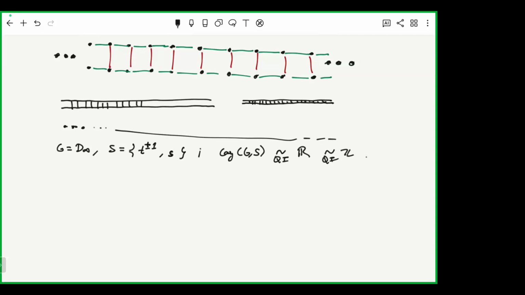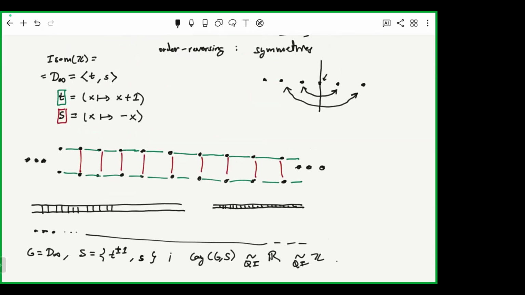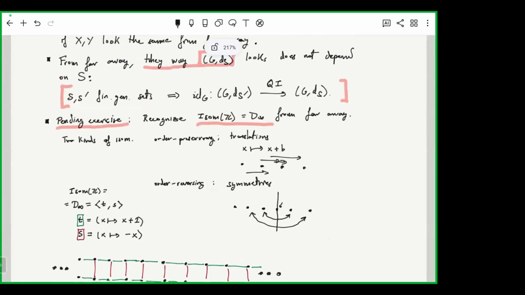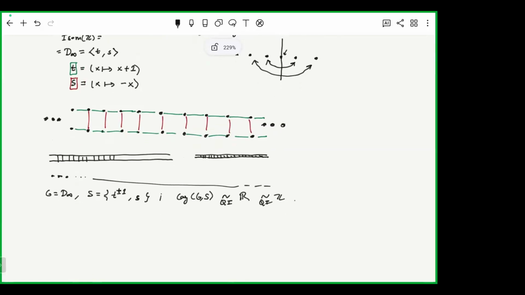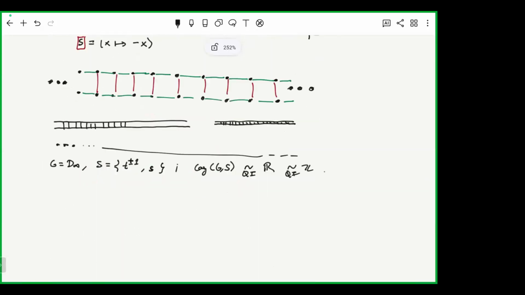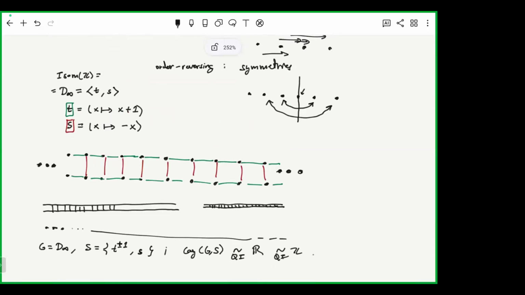Yes, Sergio, could you please... fine. I just want to see these maps, these group elements, just T and S, x goes to minus x. So you have these two horizontal lines.